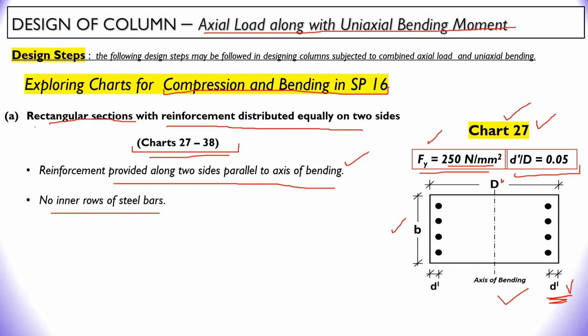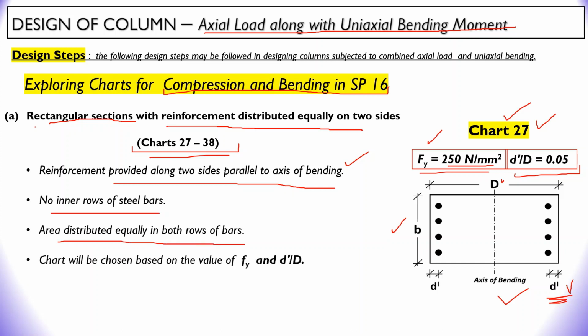No inner rows of steel are there, so we are not providing any inner bars, only side bars. And the area of steel is distributed equally in both rows, row number 1 and row number 2. And the chart will be selected based on the value of Fy and the d dash by D ratio.